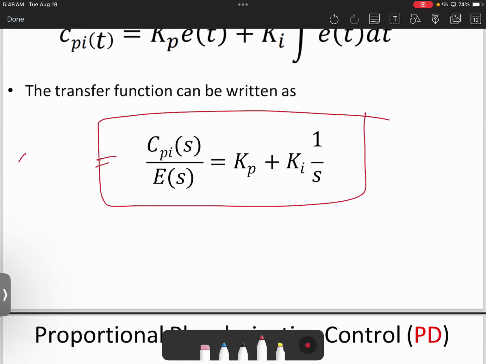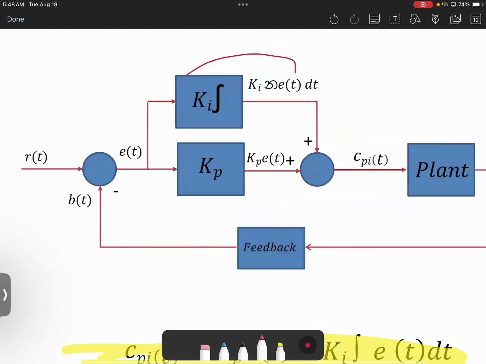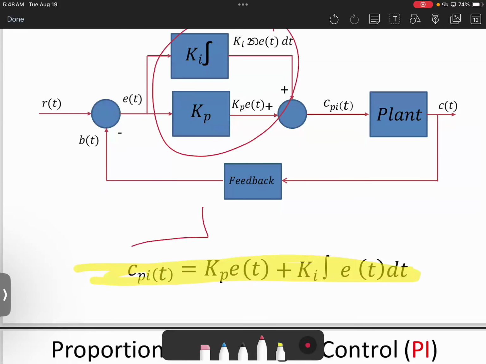Sometimes we call it GPI of S, which means the transfer function of the PI. You can replace this by this block, which is KP plus KI over S. Does this make sense?